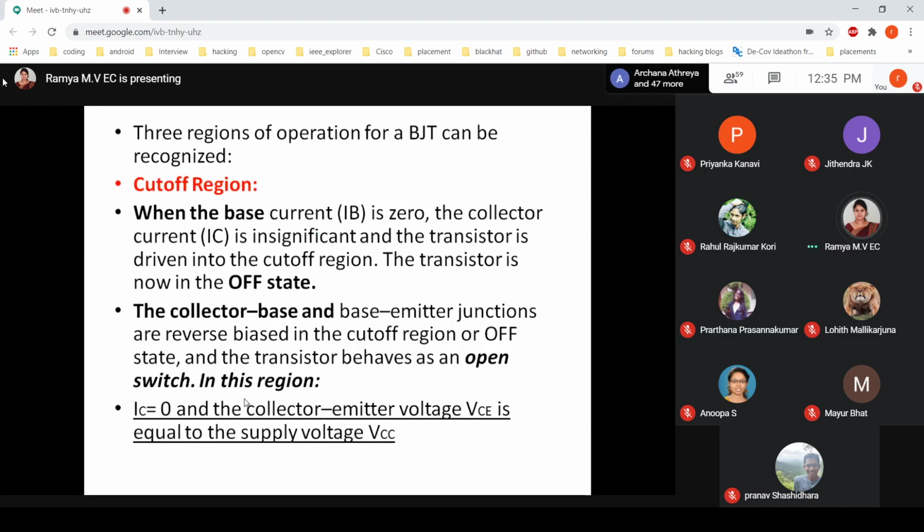The three regions of operation for a BJT can be recognized. Cutoff region: when the base current is zero, the collector current is insignificant and the transistor is driven into the cutoff region; the transistor is now in the off state. The collector-base and base-emitter junctions are reverse biased in the cutoff region, or off state, and the transistor behaves as an open switch.